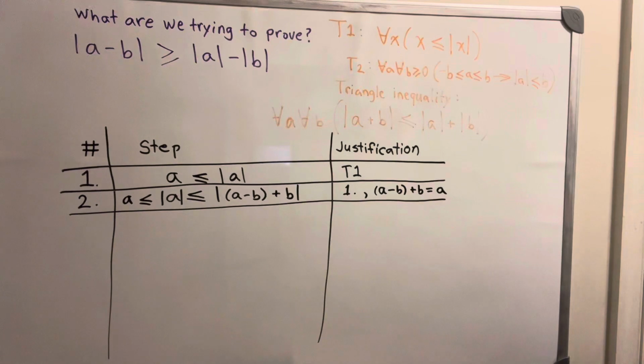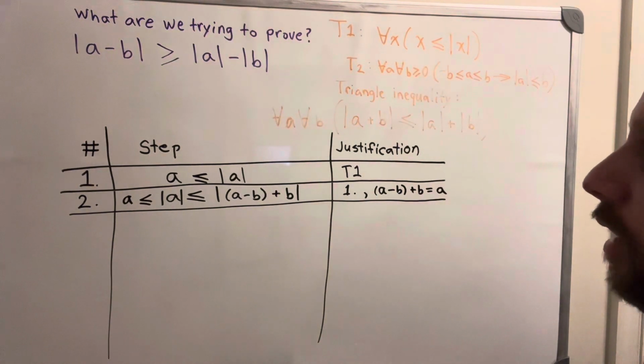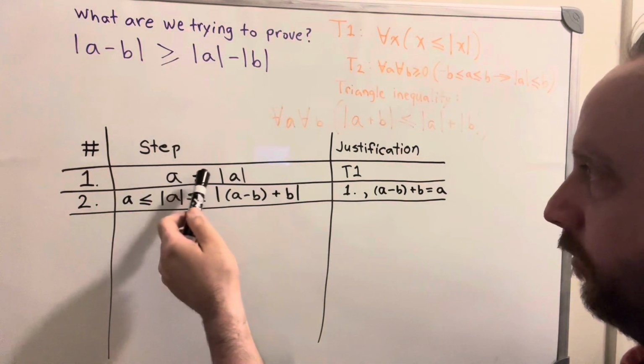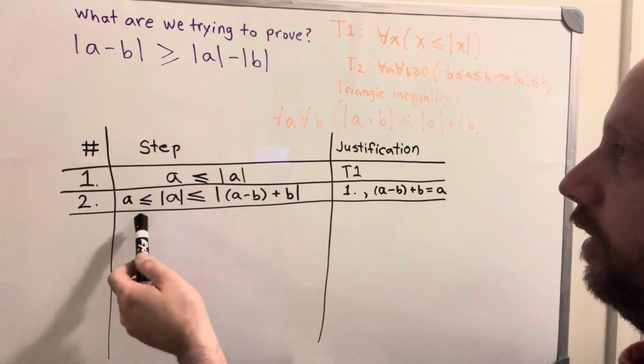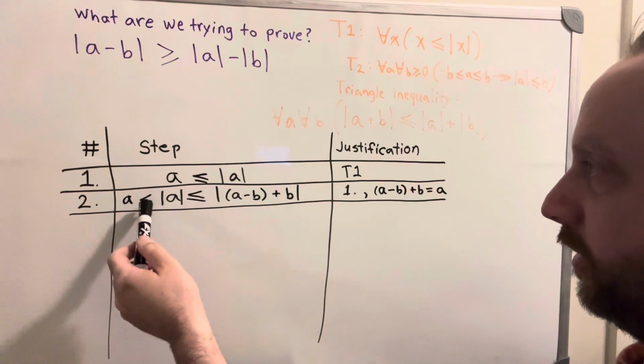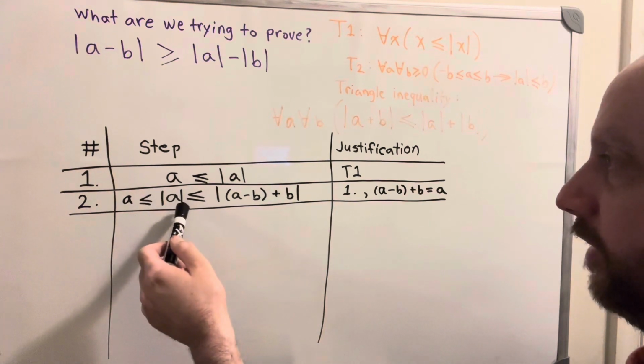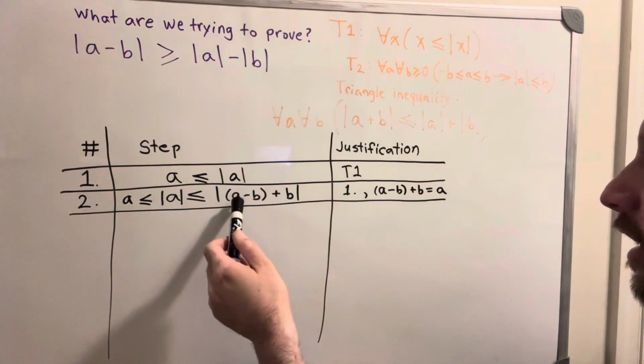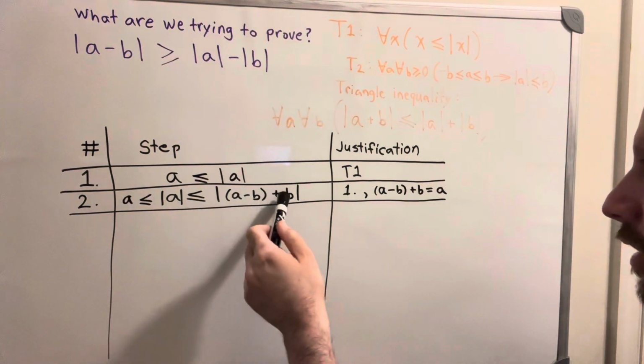Okay, look what I wrote down on line 2. Here we have, back on line 1, A is less than or equal to the absolute value of A. Here it is again, A is less than or equal to the absolute value of A. Now look at this. What do you get if you have A minus B plus B?